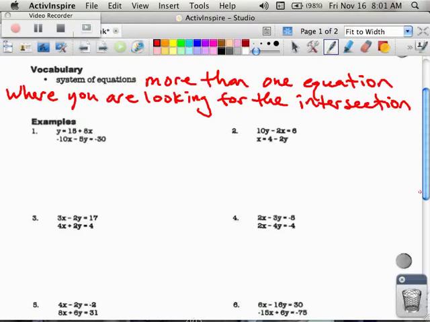And so in equations, it works the same way. And what I notice is in the first equation, I see this y here, and I see the y there. And that means in the second equation, wherever I see that y, I can replace it with the stuff that comes after the equal sign. So what I'm going to do is write down the second equation, negative 10x minus 5 times parentheses something equals negative 30.